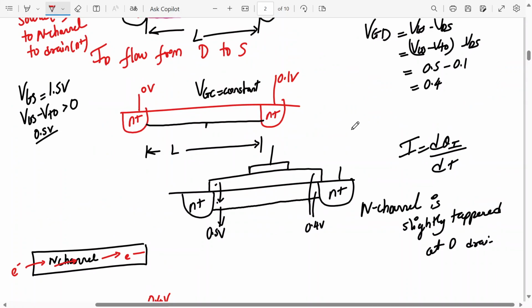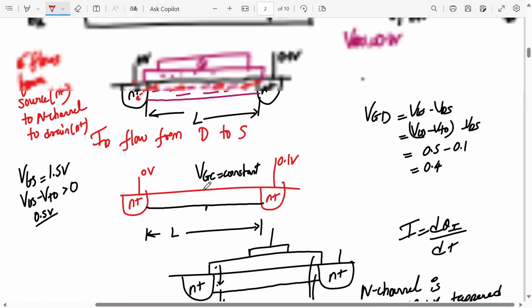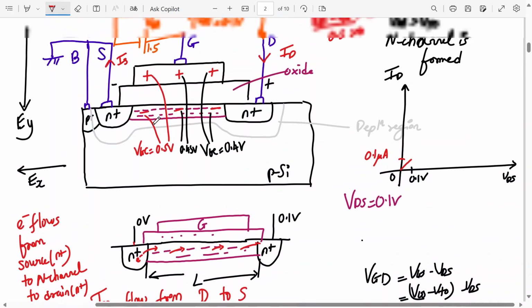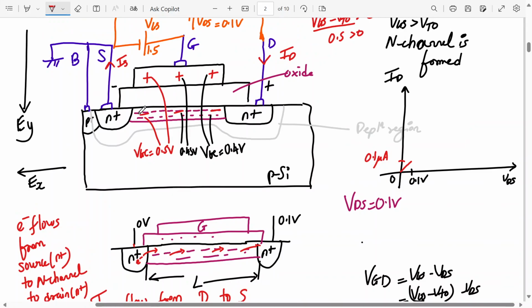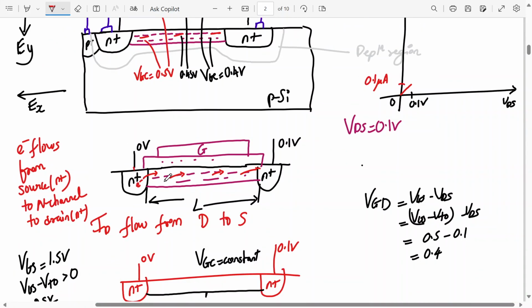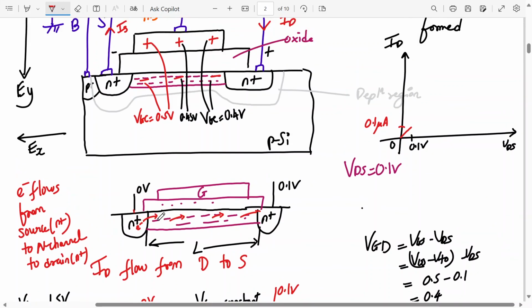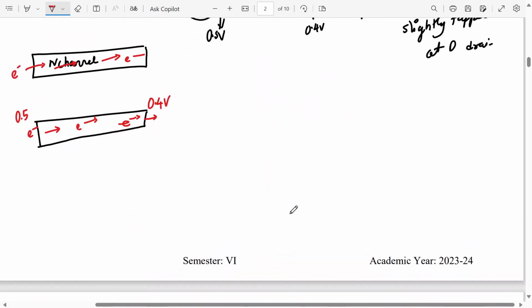So over here, as I told you, the inversion charge Qi is slightly more, and here it is slightly less, that's it. But still the channel is uniform and the current can flow. Why it is linear is because current can easily flow through this N channel without any problem, even though the channel is tapered. I've drawn it in very small proportion.